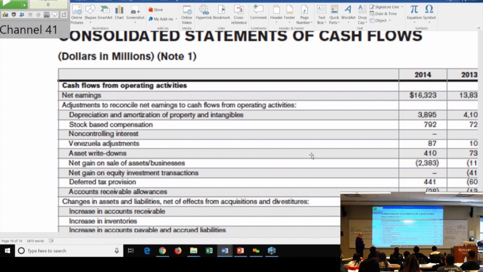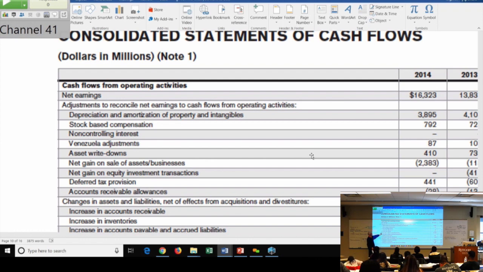Add back non-cash expenses. Depreciation, depletion, amortization. Doesn't use cash, you add it back. Stock-based compensation. I pay you in shares of stock instead of cash. No cash flow, add it back. Asset write-downs. This is an impairment, a remeasurement of an asset.